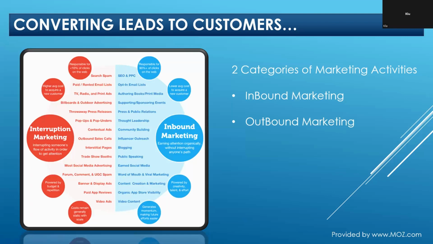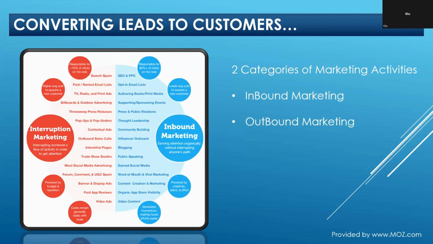Outbound sales calls, interstitial pages. What that fancy term means is that when you are trying to go to a certain page, you first end up at a different page than what you intended, and then you have to take some kind of action, and then it takes you to the page that you actually wanted to go to. That's an interstitial page.